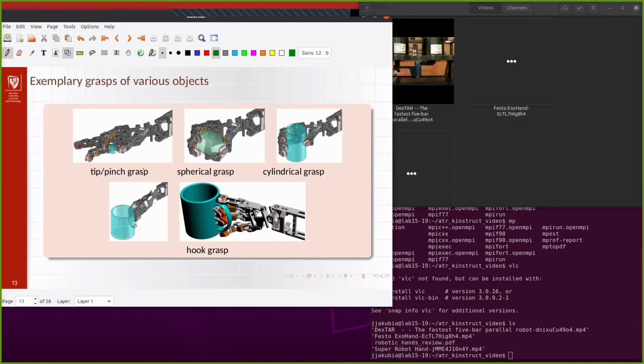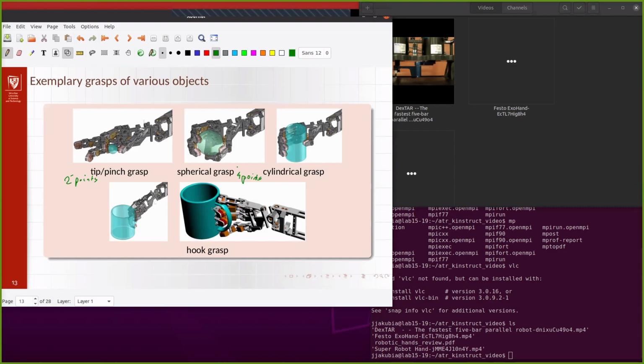How many of these points there are depends on the grasp you have. Let's say that if you want to grasp this small ball, you will use what is called a tip or pinch grasp, and in fact, you need for that just 2 points where you touch. When you try to catch a bigger object, you may need, like here, 4 points.